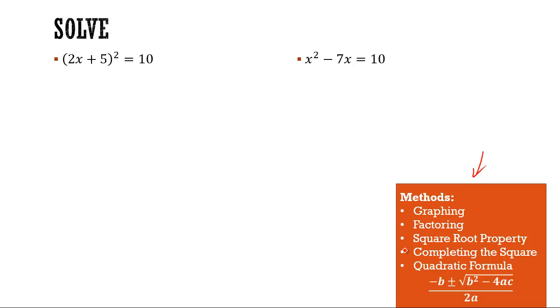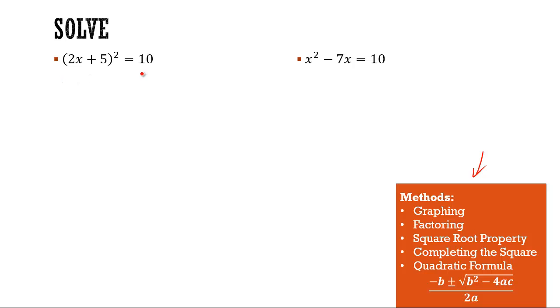So don't just write it off as too complicated, because it will be very useful, and you won't be able to use the quadratic formula. So it's good to have a knowledge of all of them, because some of them are more useful in certain cases. So let's take a look at a bunch of different examples and see what we can do.